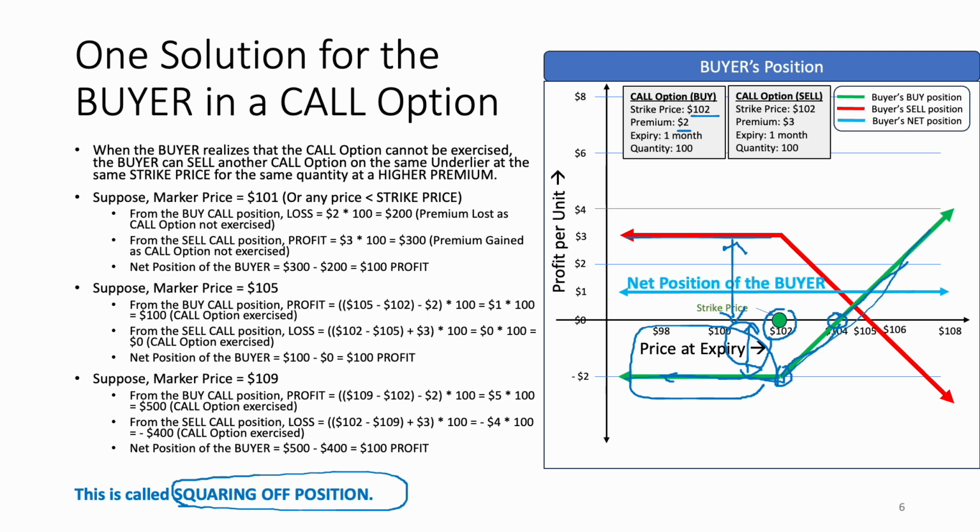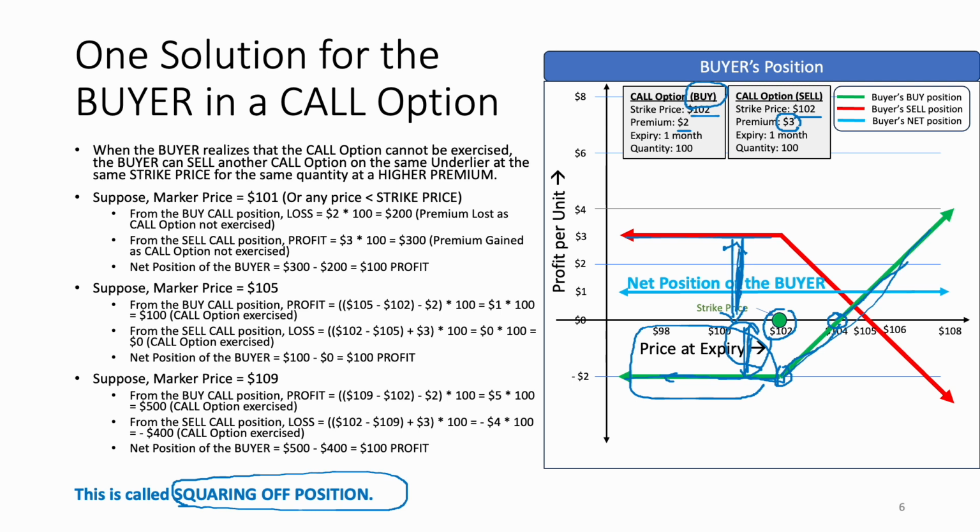So this is the buy position of the buyer of a call option. What the buyer can do is that he can also sell a call option at the same strike price of $102, but here he makes a premium of $3. So this premium is going to be larger than the premium he has paid. And the remaining things remain the same.